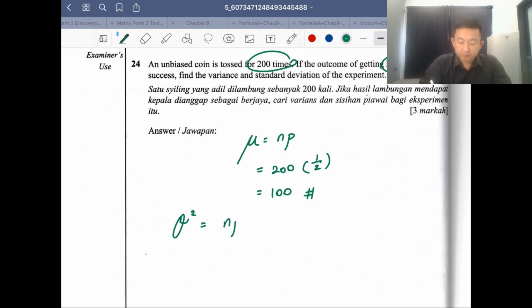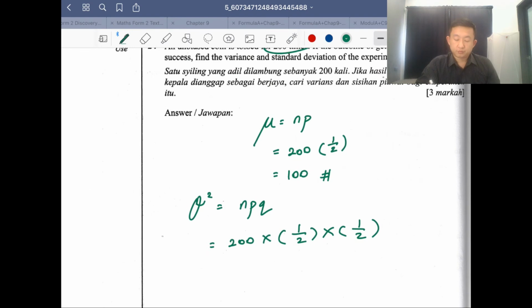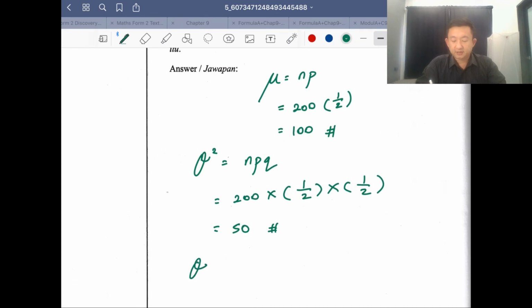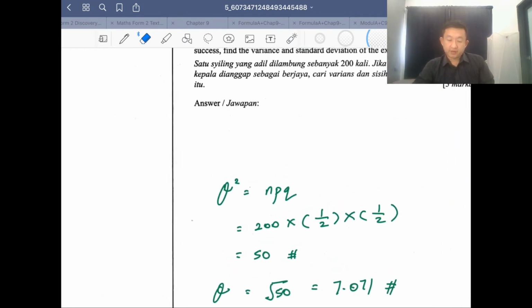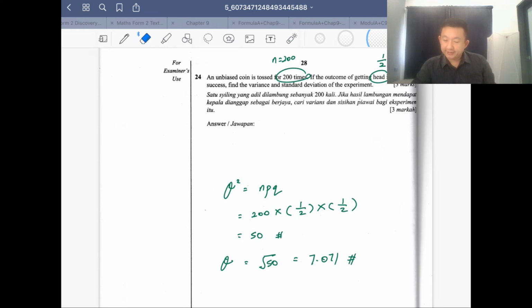Variance equals npq. n is 200, multiplied by the success rate and the failure rate, 1 over 2 each. So the variance should be 50 and the standard deviation is square root of 50, which is 7.071. Okay, you don't need to find the mean actually. Just the variance and the standard deviation. Alright?